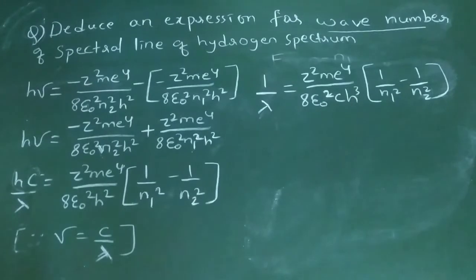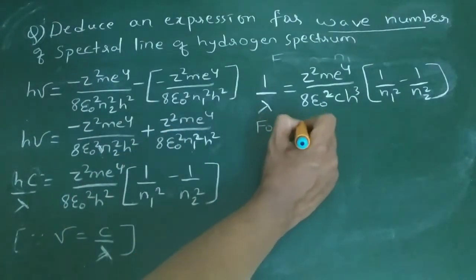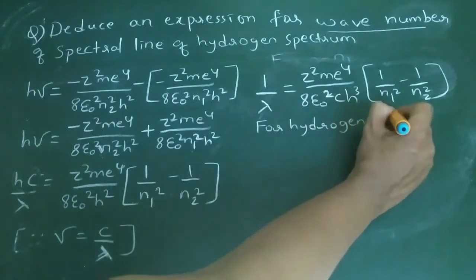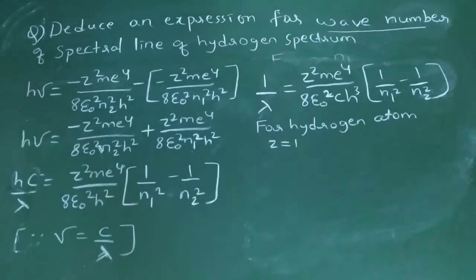Are you getting that? For hydrogen atom, Z is equal to 1. For hydrogen atom, Z is going to be 1.